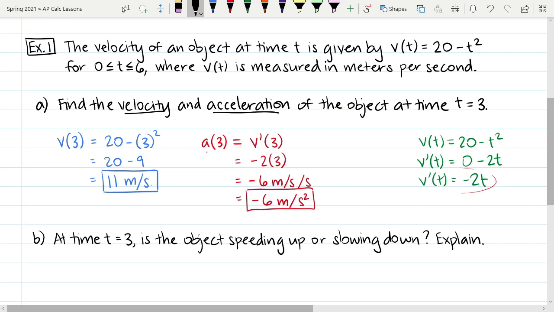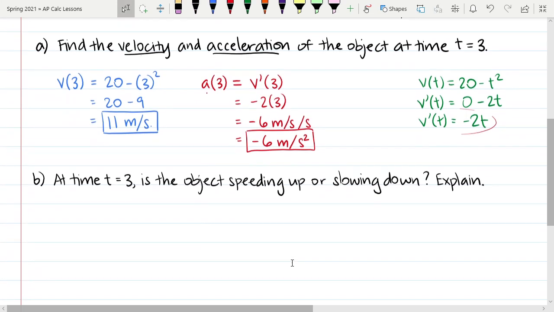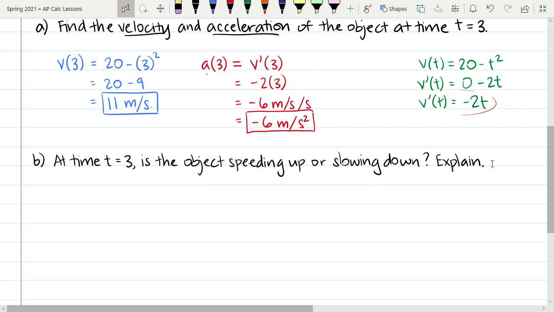Okay, so at time 3, is the object speeding up or slowing down? Well, if you didn't already know this, velocity and acceleration could be positive or negative. And a positive or a negative sign does indicate direction. So imagine motion along just an x-axis, meaning we're only either able to go to the left or to the right.